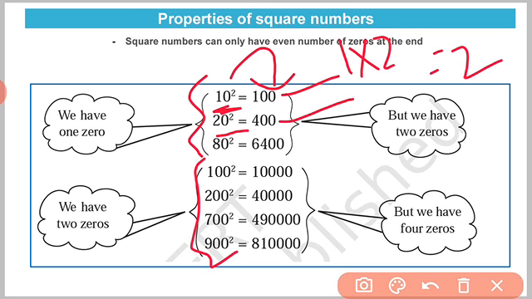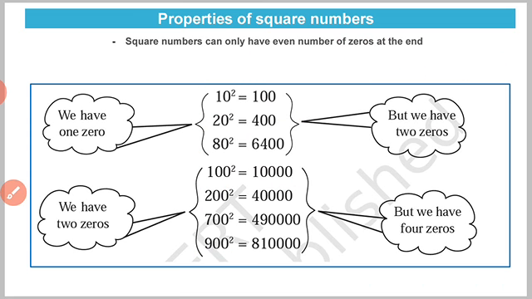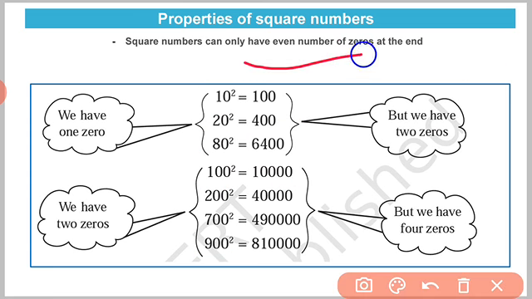Similarly, when we squared 100, we get 10,000. Means how many zeros are there in the number? There are 2 zeros, and in the square number there are 4 zeros. It is again exactly twice. It means that square numbers can only have an even number of zeros at the end.